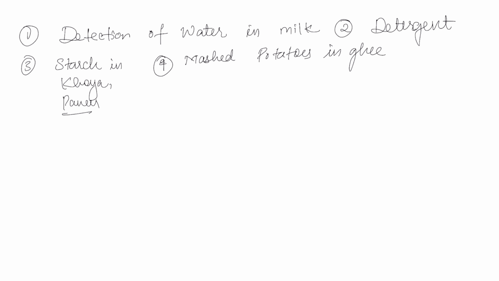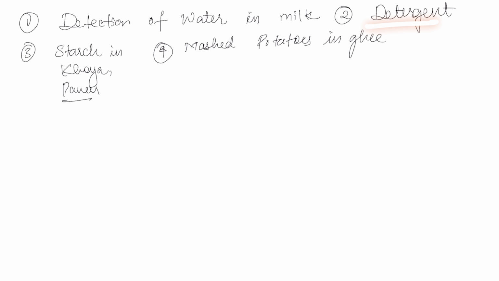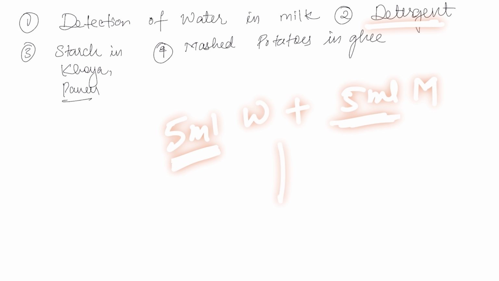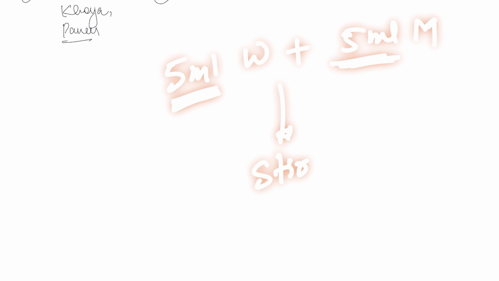So this was our first test. In the second test, the detergent test, we will take 5 ml or 10 ml of water along with 5 ml of milk. The most important point is that you have to take the same amount of milk and water. Then we will stir it thoroughly, and after stirring we will see two results.